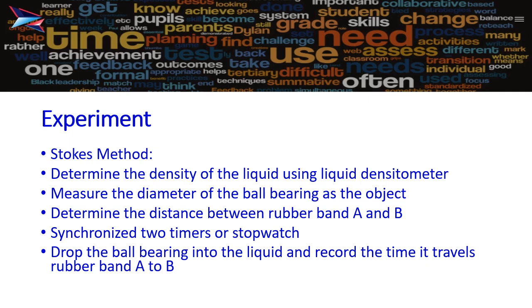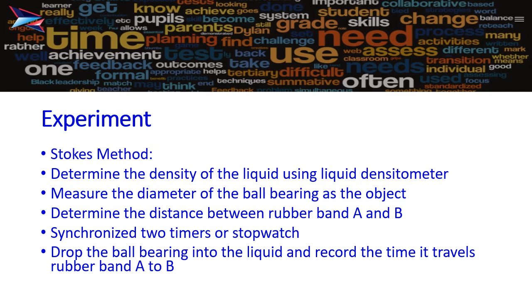You put it into your liquid, and the floating force applies to the object. You will know how far the object sinks into your liquid, and you just read the scale on the object. So you will be able to determine the density of the liquid using this densitometer.